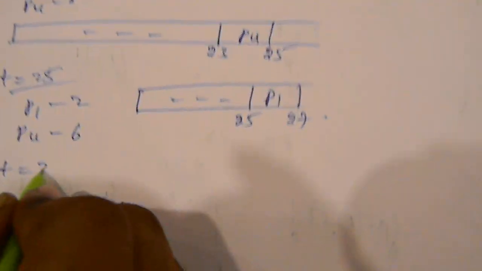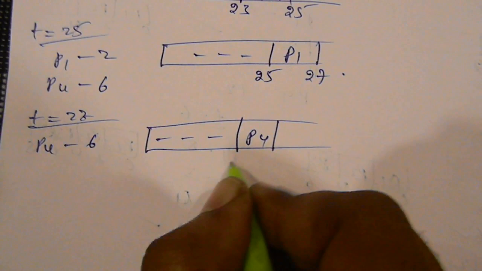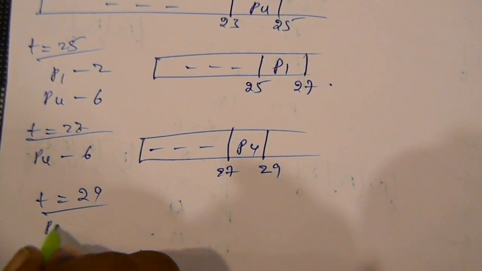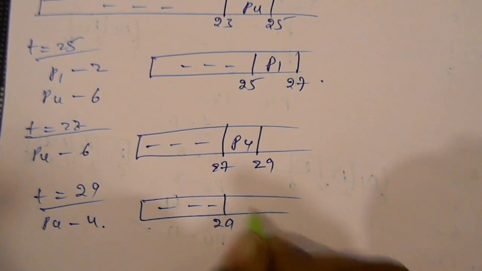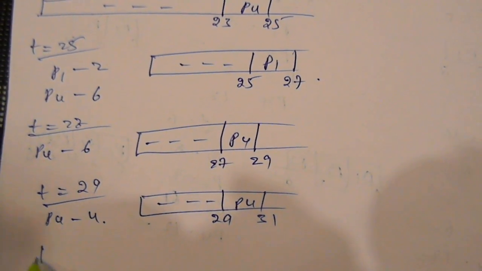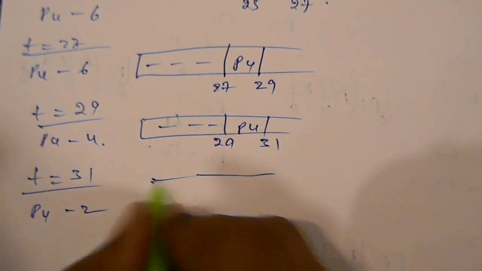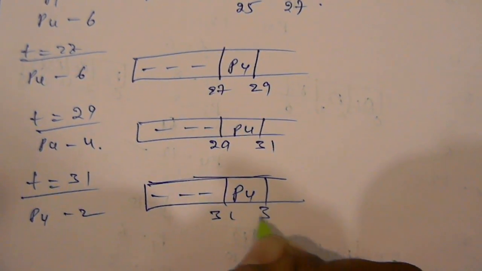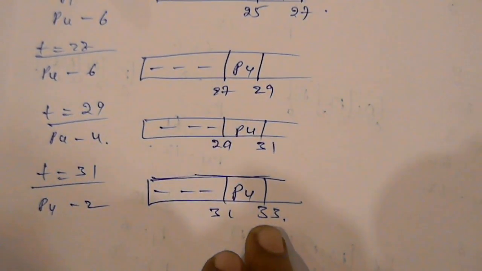Now at t equals 27, the only process in the ready queue is P4. P4 executes 2 milliseconds, up to 29, then again up to 31 with 2 milliseconds remaining, and then completes its execution at 33 milliseconds.